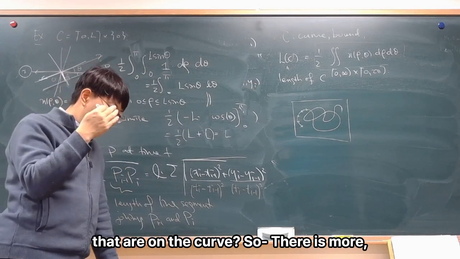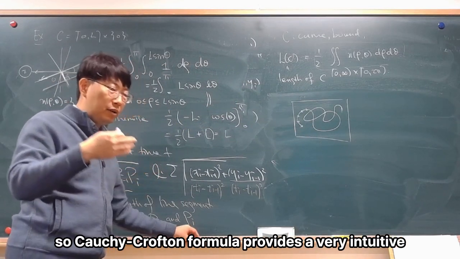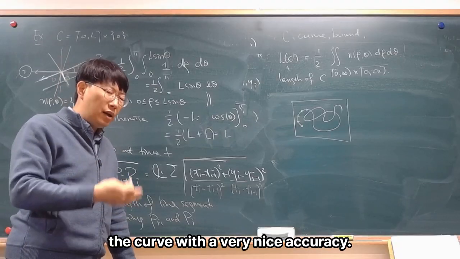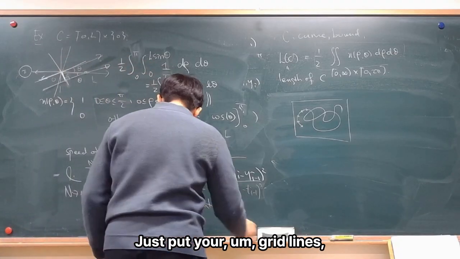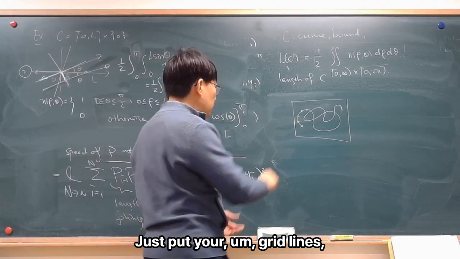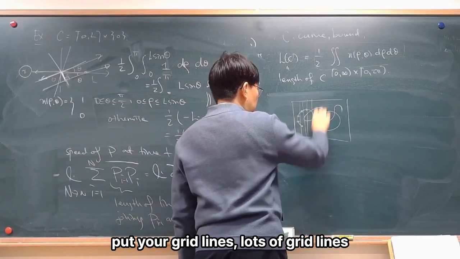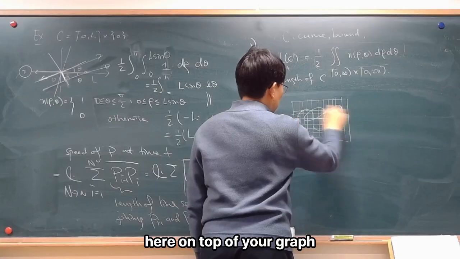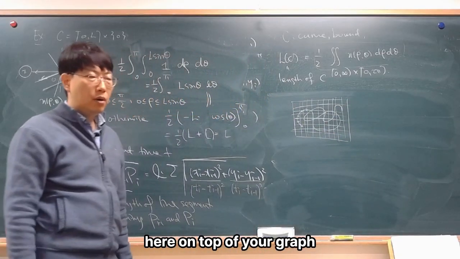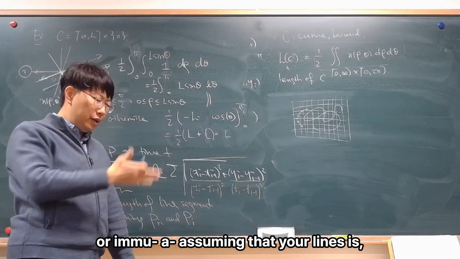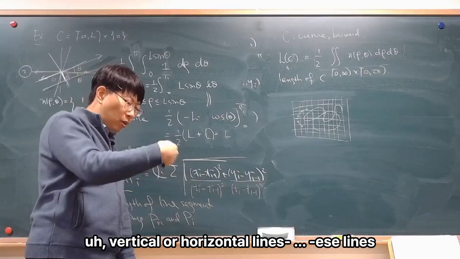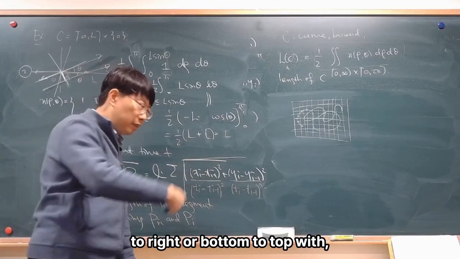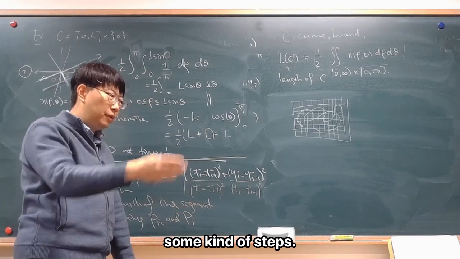So there is more. The Cauchy-Crofton formula provides a very intuitive and direct way of computing the length of the curve with very nice accuracy. Just put lots of grid lines on top of your graph, or assume that your vertical or horizontal lines are moving from left to right or bottom to top with some kind of steps.